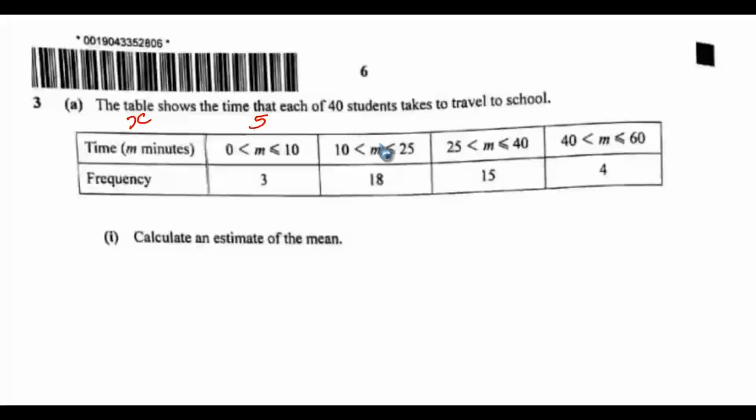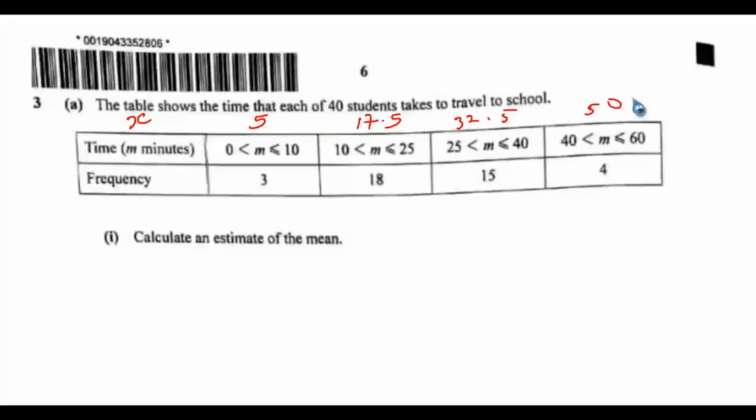Then 10 add 25 divided by 2 will give us 17.5. 25 add 40 divided by 2 will give us 32.5. Then finally 40 add 60, then divide by 2, that gives 50.